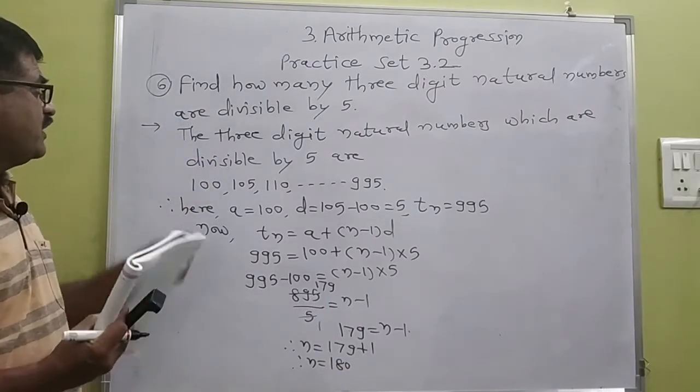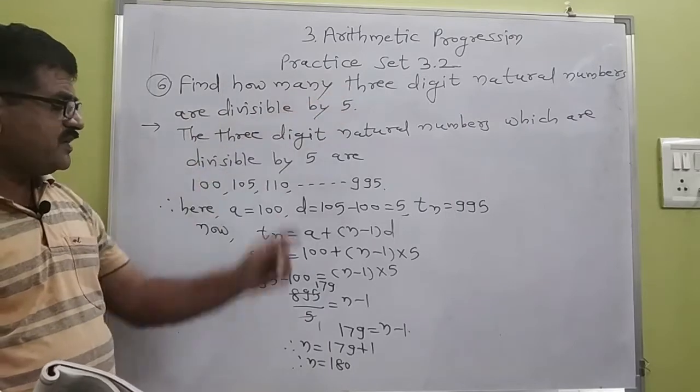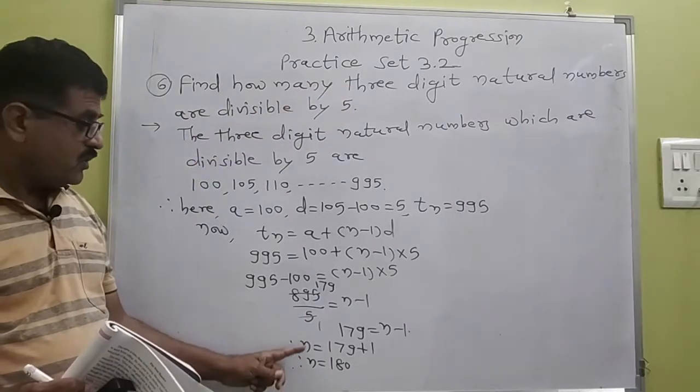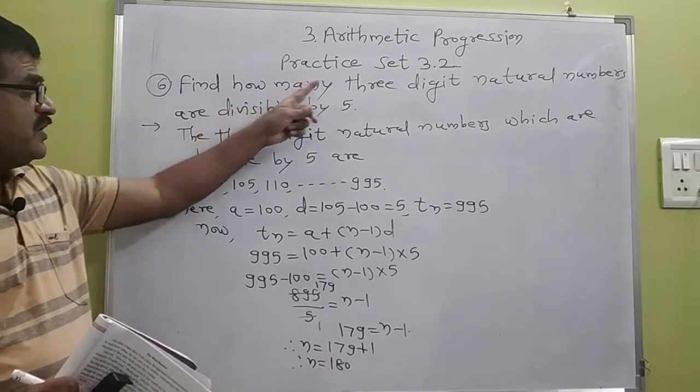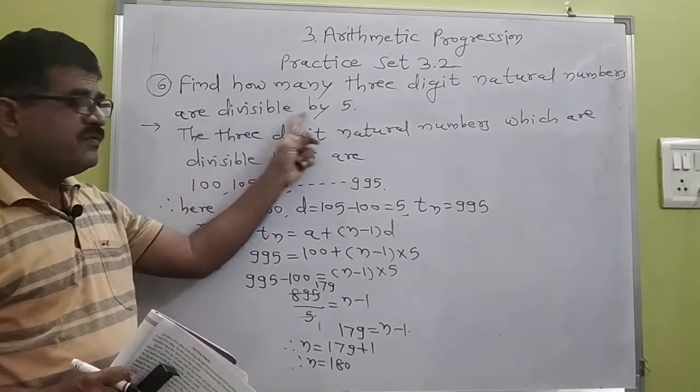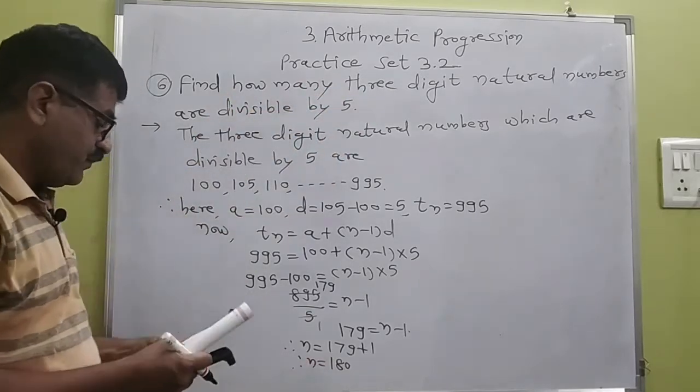And we have to find how many 3-digit natural numbers. Therefore 180 3-digit natural numbers are divisible by 5.